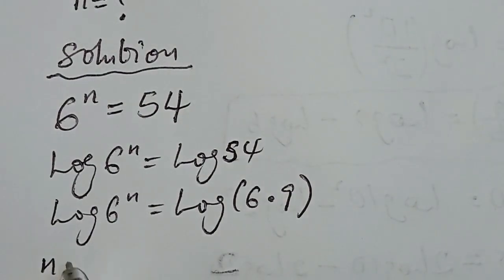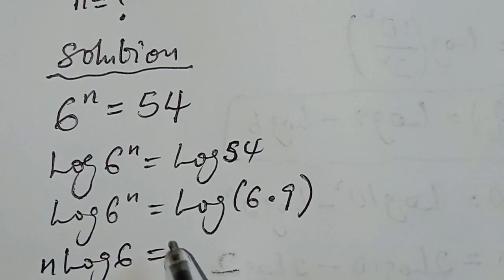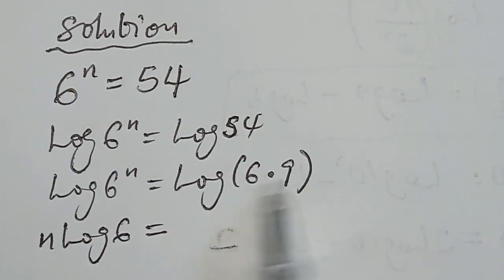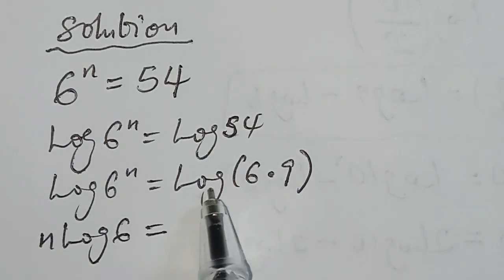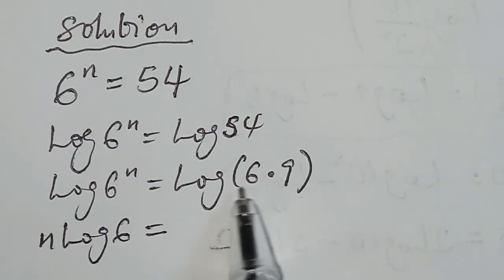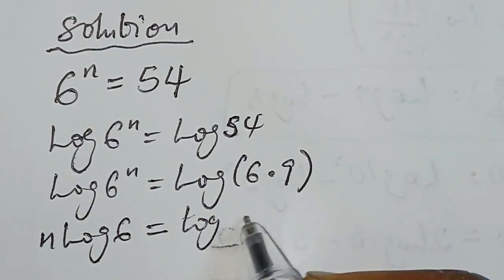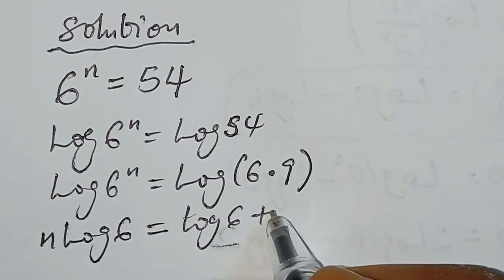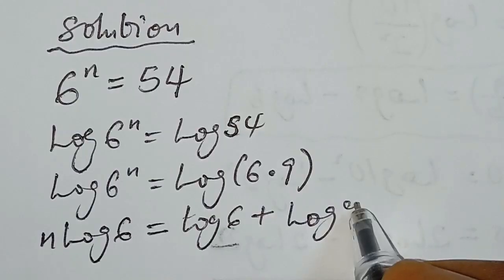We have n log 6 equal to, and considering the log identity, if we have a multiplication inside a log, it is going to give us an addition. So this becomes log 6 plus log 9.